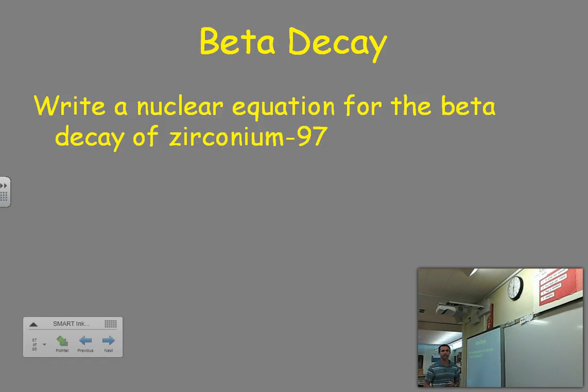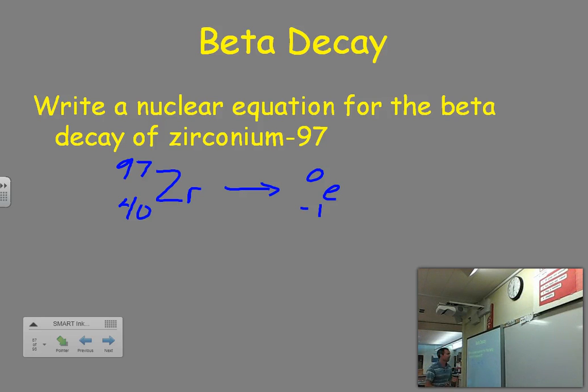Another type of decay we talked about is beta decay. So here I have the beta decay of zirconium-97. Again, I write the symbol, I go to the periodic table. Zirconium is atomic number 40. It's unstable and will emit a beta particle. Now, a beta particle is a high energy electron that comes out of the nucleus when a neutron gets converted into a proton.